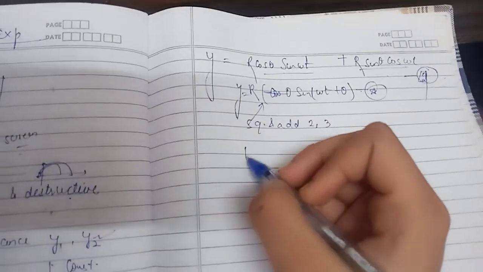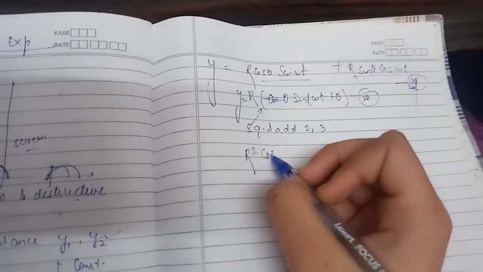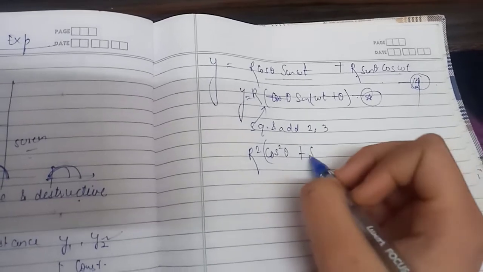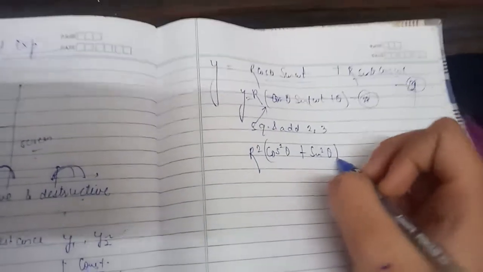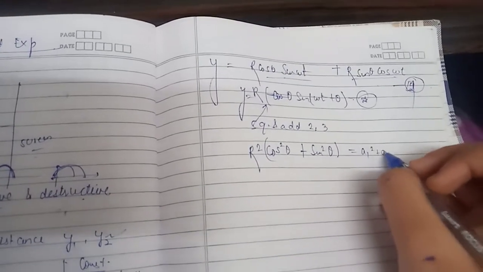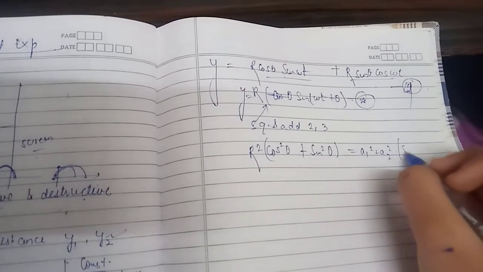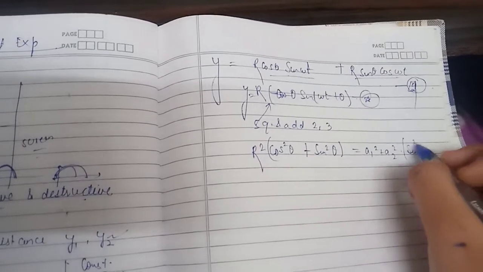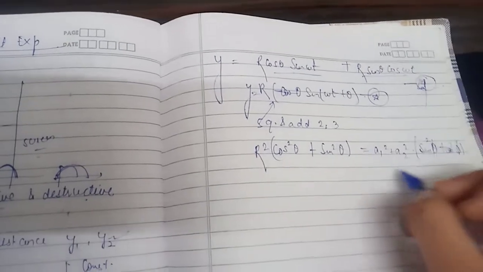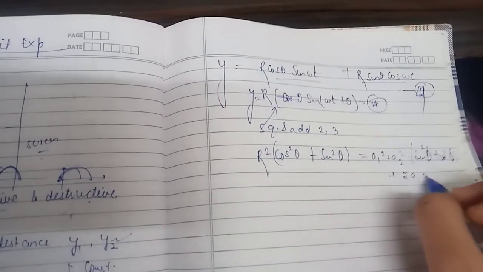So what will become: r square (cos square theta plus sin square theta) equals a1 square plus a2 square (sin square phi plus cos square phi) plus 2a1 a2 cos phi.